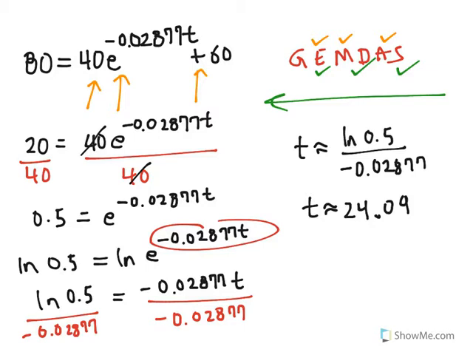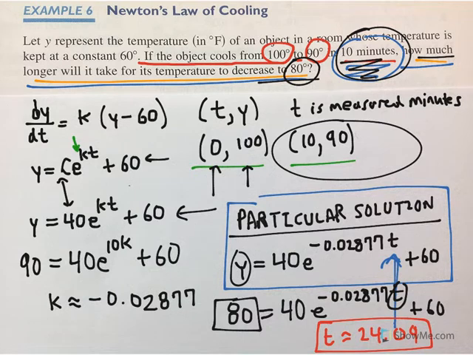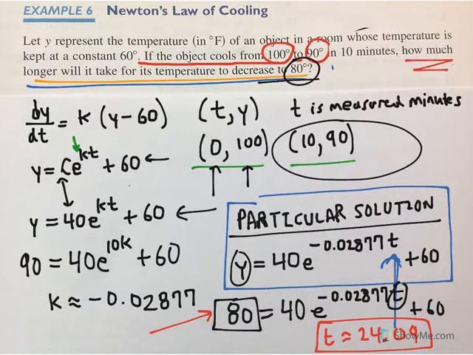So let's go back to the problem to see how we should answer it. So we just solved this equation and we found that t is approximately 24.09 minutes. That means about 24 minutes from the beginning, the temperature of the object will be 80 degrees Fahrenheit. But the question is asking how much longer from 10 minutes will it take for the temperature to decrease to 80 degrees?